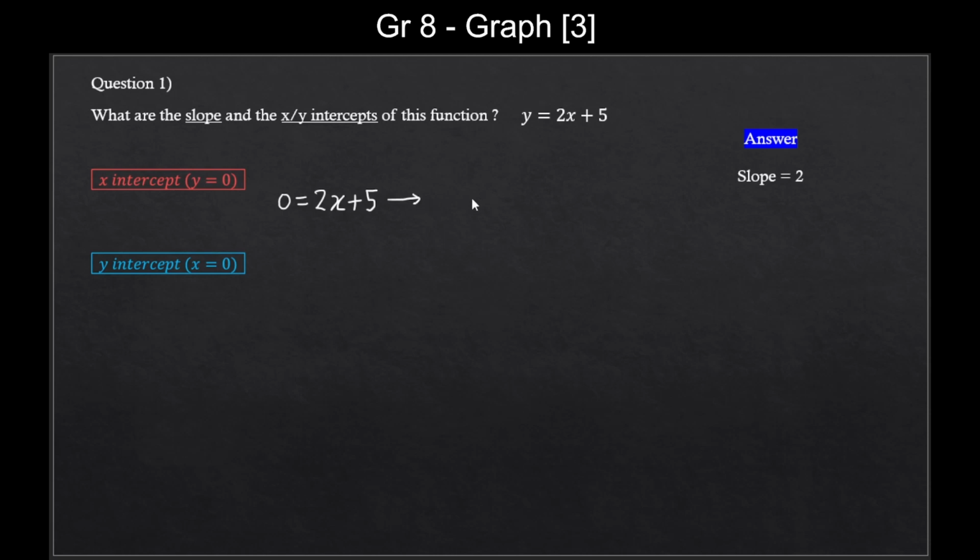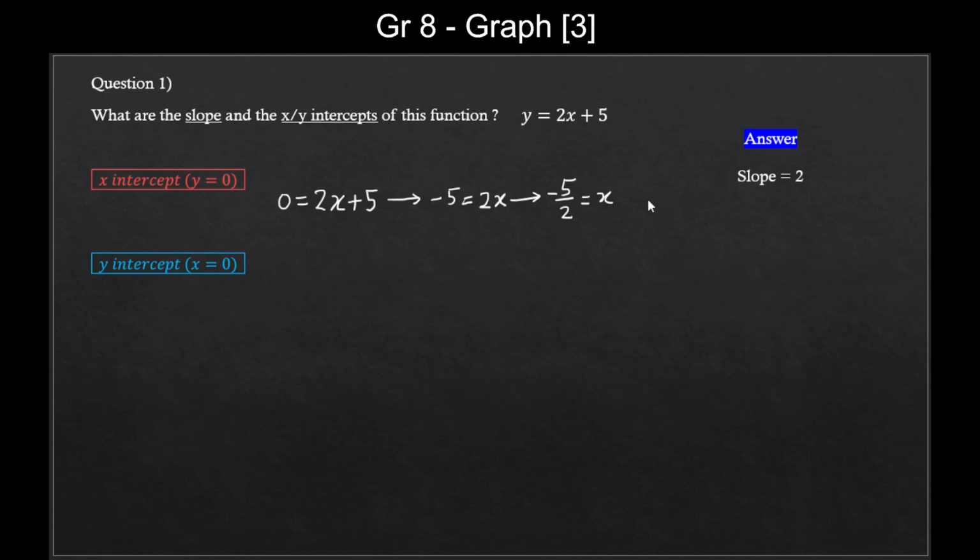So let's do some math. If I move 5 to the other side, it's going to be minus 5, and we'll be left with 2x on the right hand side. And if I divide both sides by 2, it's going to be minus 5 over 2 equals x.